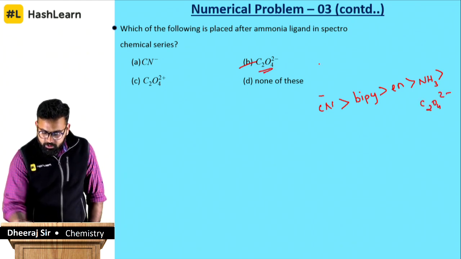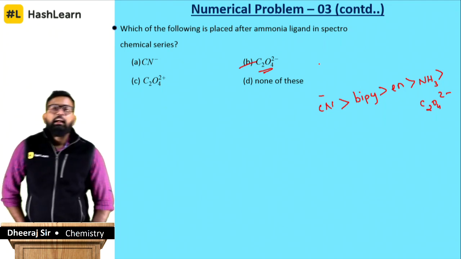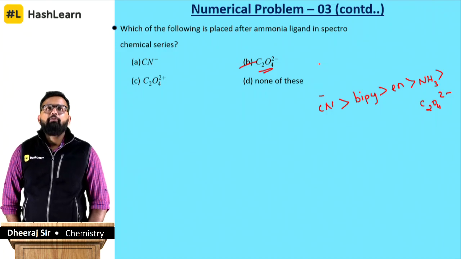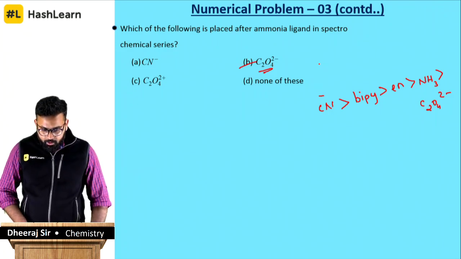Therefore, you'll find oxalate after ammonia. So questions like these can be predicted based on our knowledge of the spectrochemical series. Moving ahead to the fourth problem.